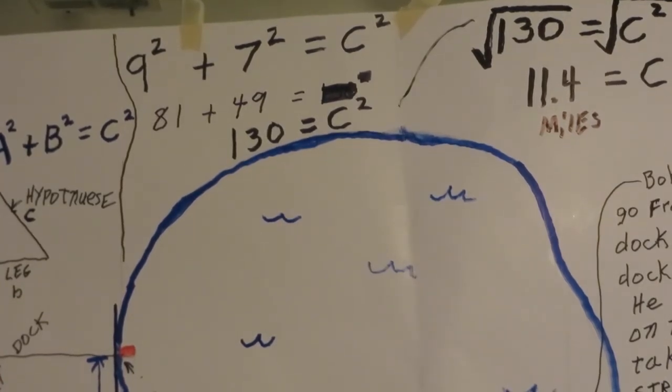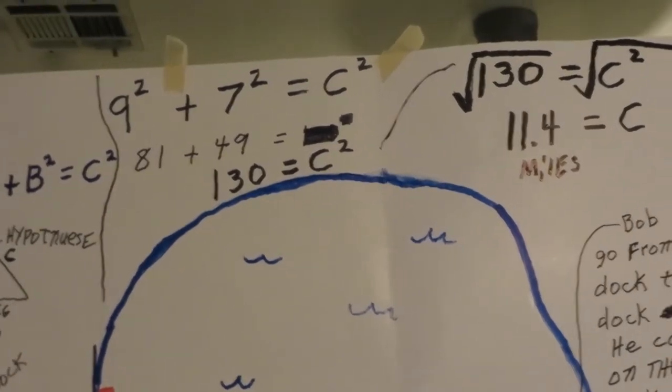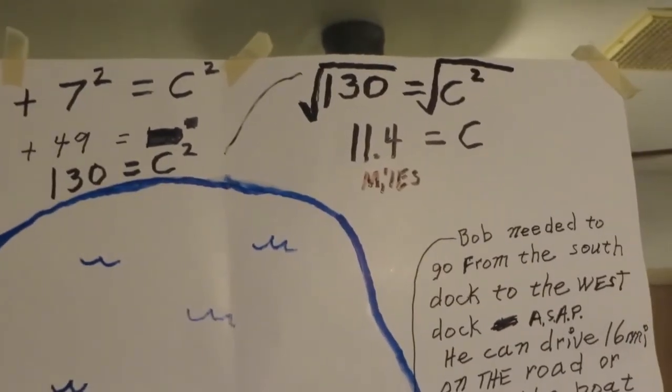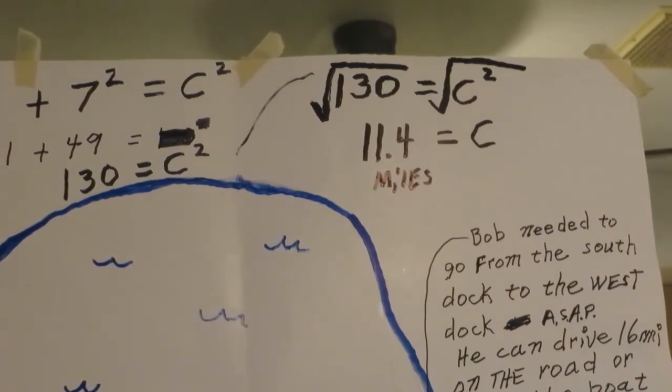Now we've got an issue: that doesn't really do us any good. We want to know the value of C. We remember from algebra that whatever you do on one side of the equation, you have to do on the other.